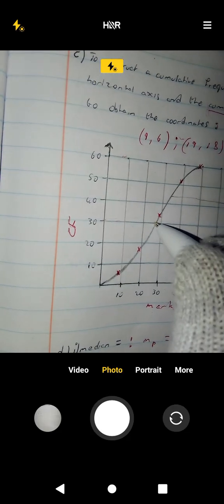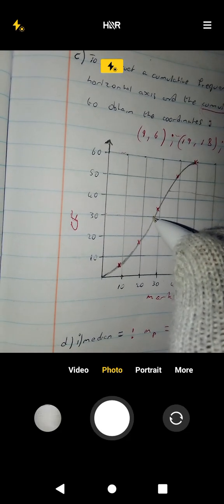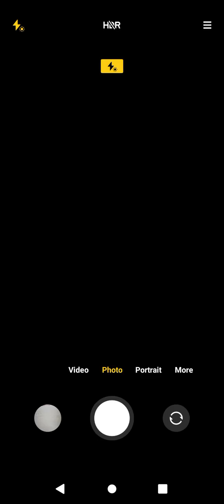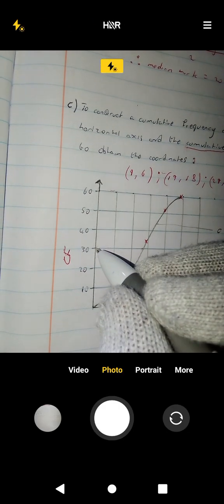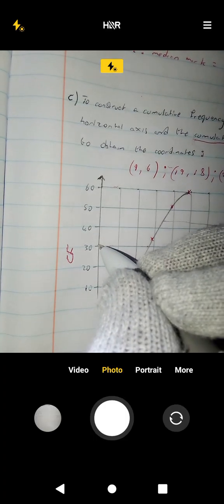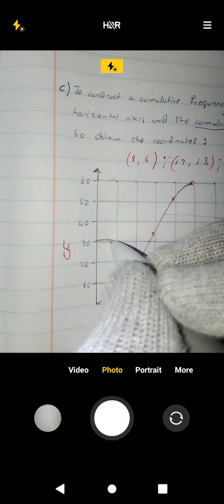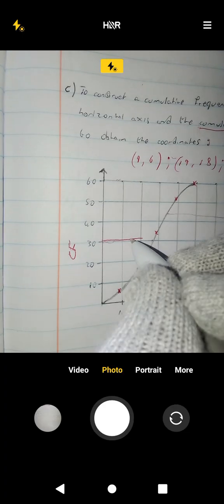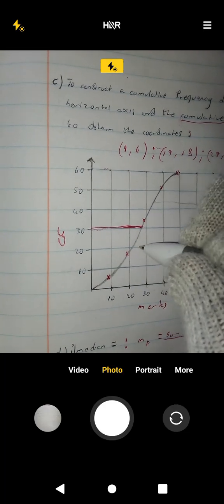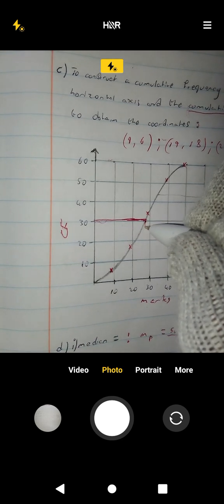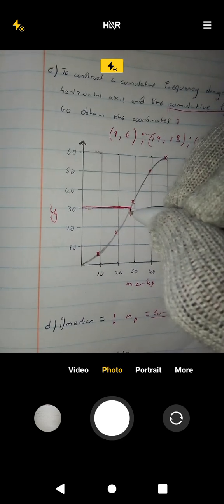It should be horizontal until it reaches the cumulative frequency curve, and then it goes down. So this is 30, the median position. You should use your pencil and a ruler, and then go straight down.